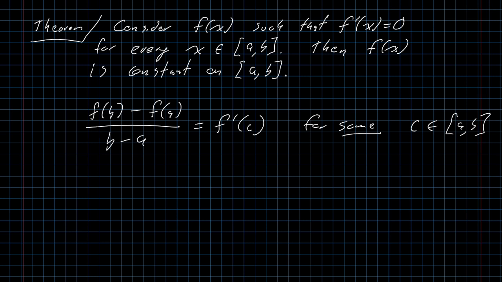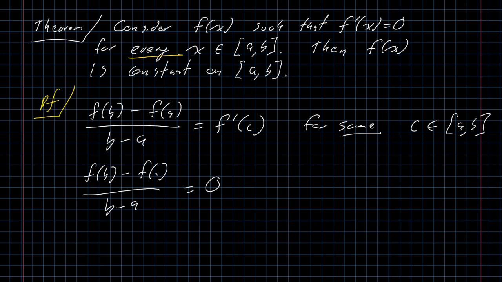Because we have this property for every c inside of that interval, it must be the case that f of b minus f of a over b minus a is equal to 0.